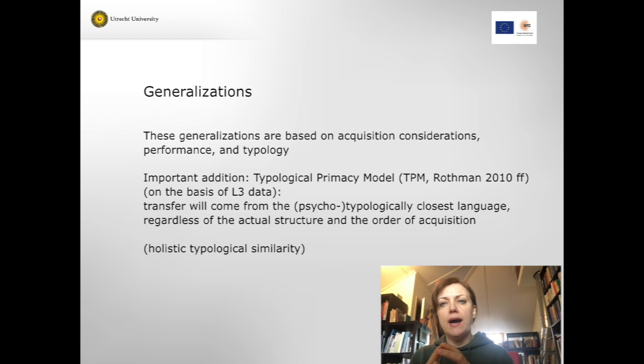So let me give you an example because that's easier to explain. Imagine you are a native speaker of Spanish with second language English, and you're trying to learn Italian. You will transfer a lot of Spanish into your Italian because Spanish and Italian are perceived by the speaker as typologically similar, overall similar.